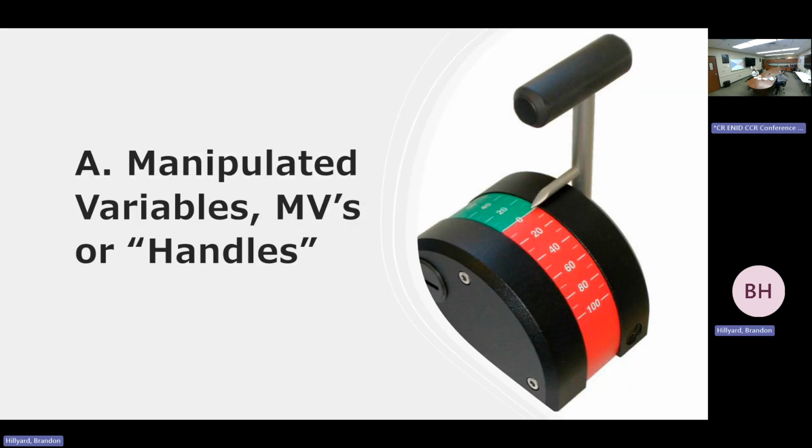So first, manipulated variables. You also hear those called MVs or handles most of the time. Those are the things that APC has direct control over. And so that's the specific differentiation here. It's what APC can move or control directly.